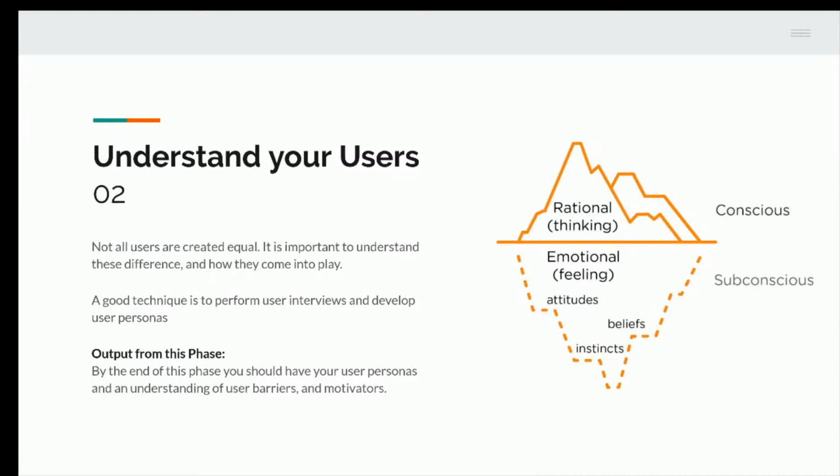As you can see in the image on the right, a little bit more than 50% of how we think is not rational thinking. There's a lot of subconscious emotional feeling that goes on when we use products. A lot of times we don't like a product because it doesn't fit our attitude.